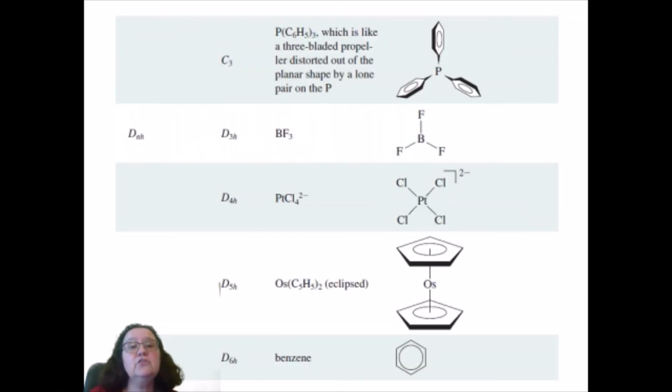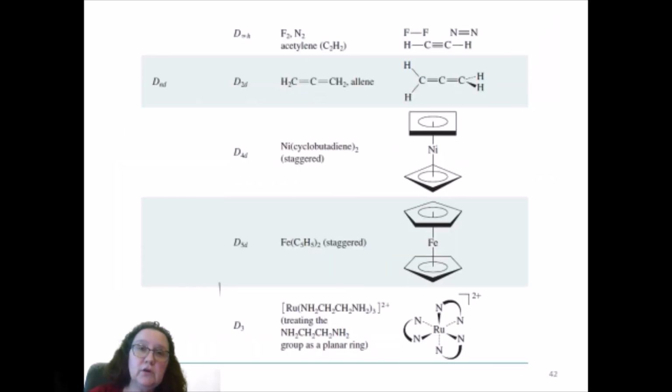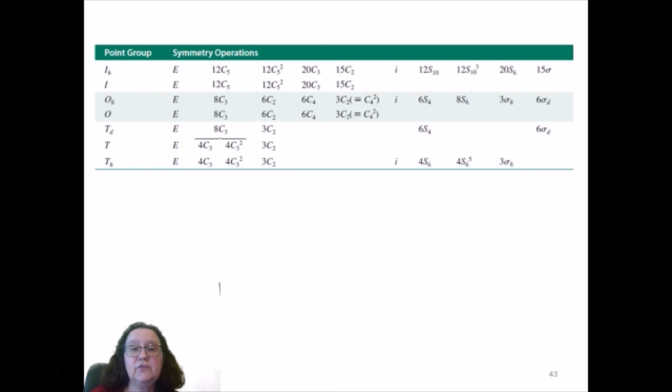And there is no other way of learning how to use a character table but practicing until you get your head around what symmetry operations, symmetry axes, mirror planes, etc. you are looking for. So I would encourage you to try all these molecules and see if you can identify the different point groups.